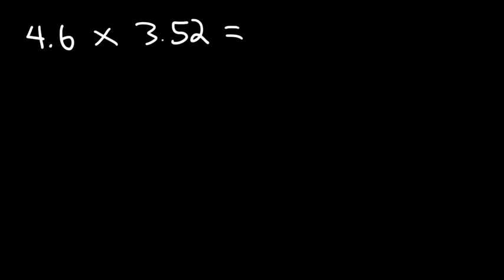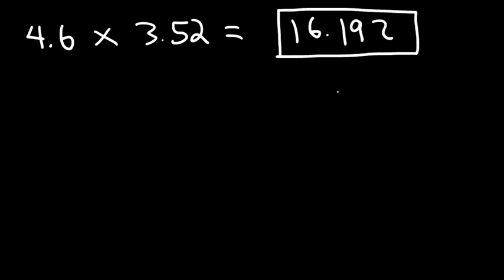Well, the first thing we need to do is perform the calculation. So 4.6 times 3.52, if you type that into your scientific calculator, it will give you 16.192. Now, how should we round this answer to the appropriate number of significant figures? What would you say?